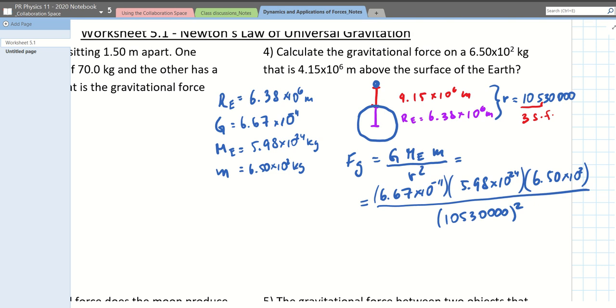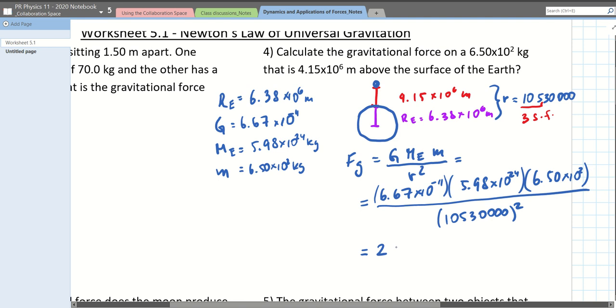Again, there's a lot of numbers here with a lot of exponents, so there's a lot of room for mistakes. So if you're stuck because you're not getting the right answer, double check that you do not miss any of the exponents.